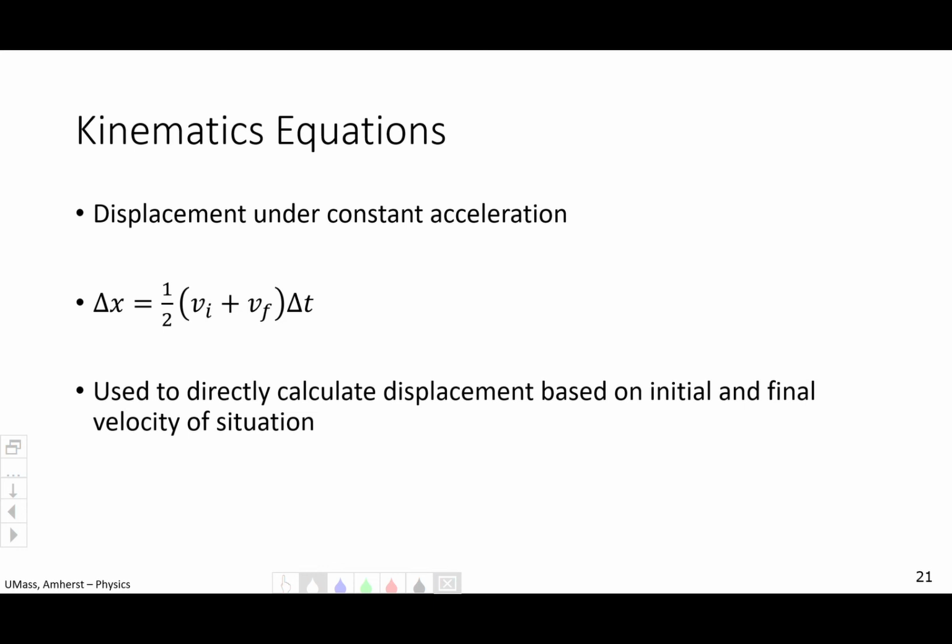It reads delta x equals 1/2 (vi plus vf) times delta t. This is used to directly calculate the displacement of an object based on its initial and final velocity and how much time that took. So if you know the velocities and you know the time, you can use this formula to figure out how far the object went in that period of time.